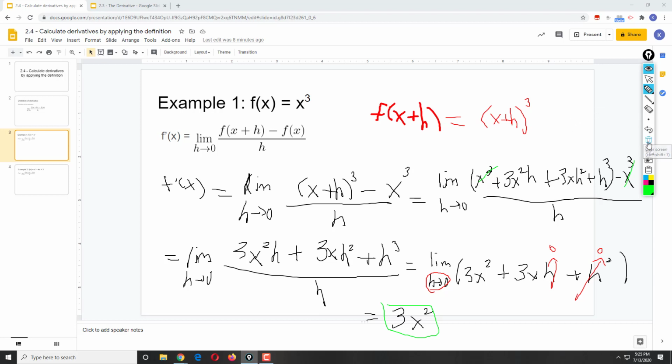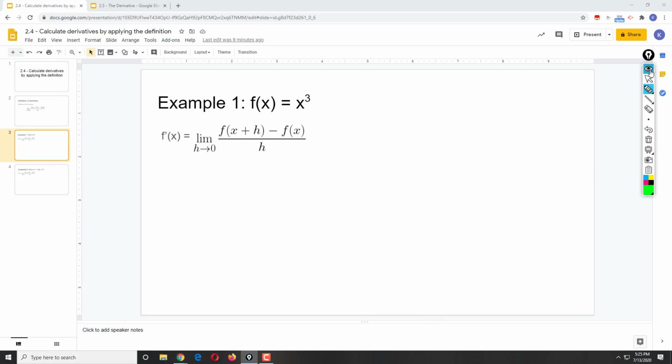Example 2. This time f of x is x squared plus 4x plus 3.